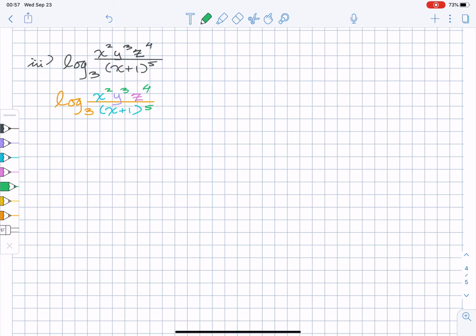Okay, so clearly this is a quotient, so the first thing I'm going to use is the quotient rule, meaning subtraction.